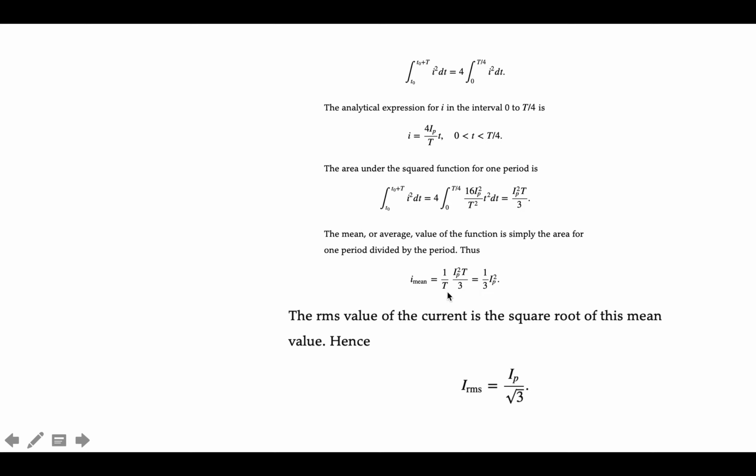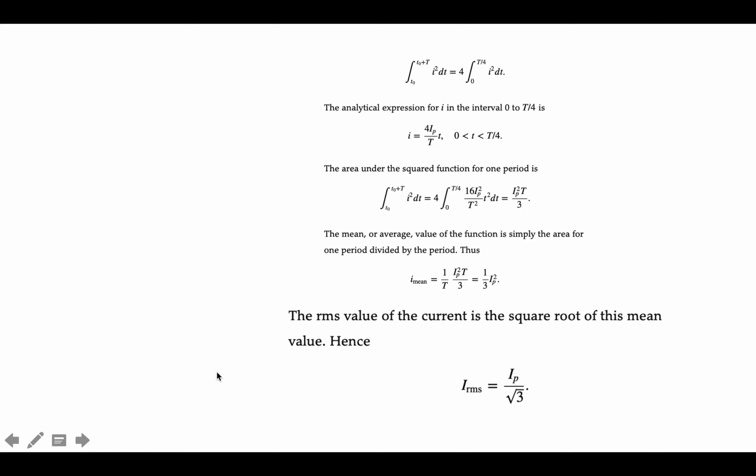Now, according to the formula, we multiply that by 1 over T, and so we get 1 over 3 times IP squared, and IP, remember, is the magnitude. We then take the square root of that to get the RMS value. So you take the square root, you'll get the peak current divided by the square root of 3.